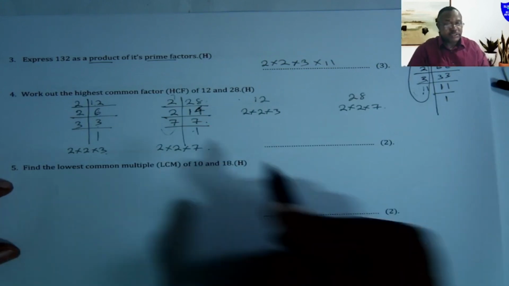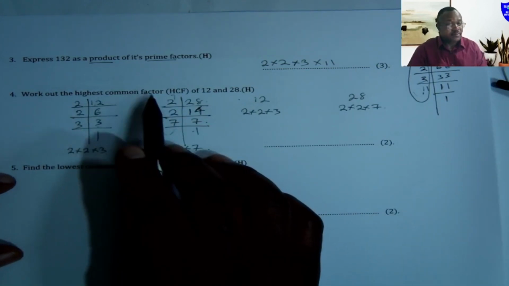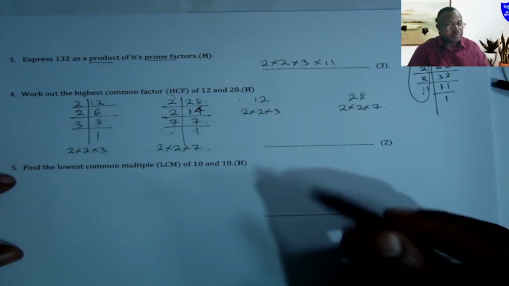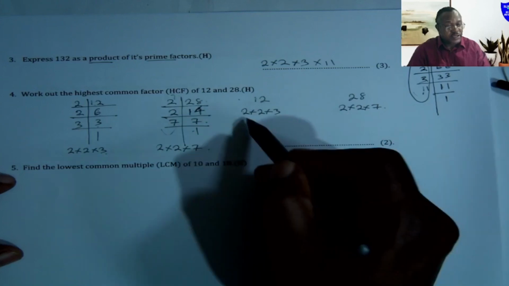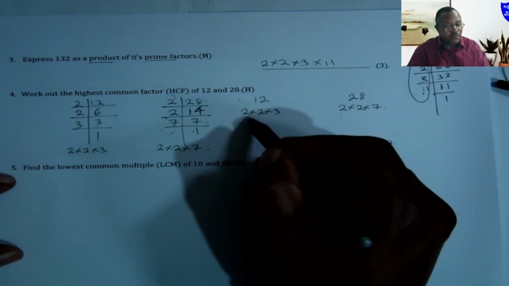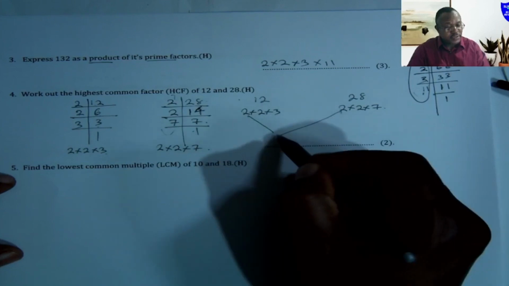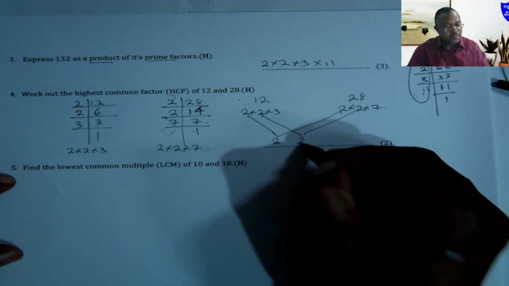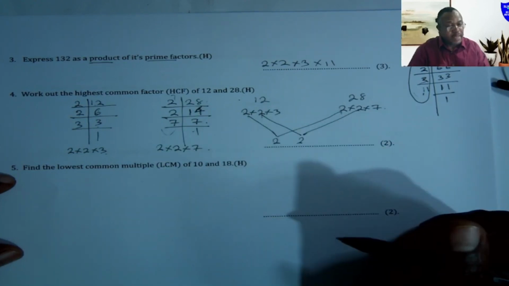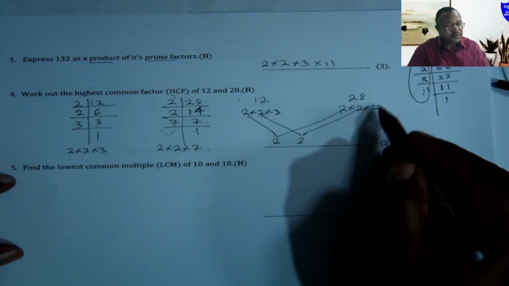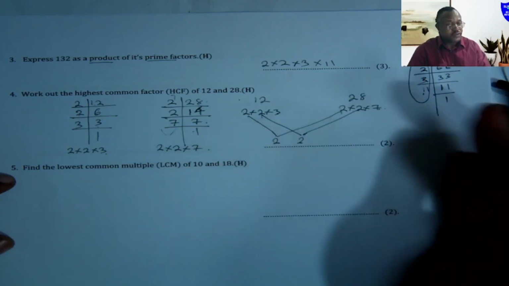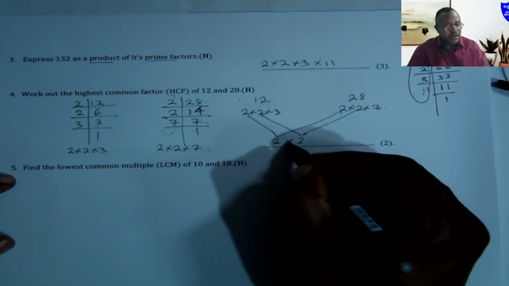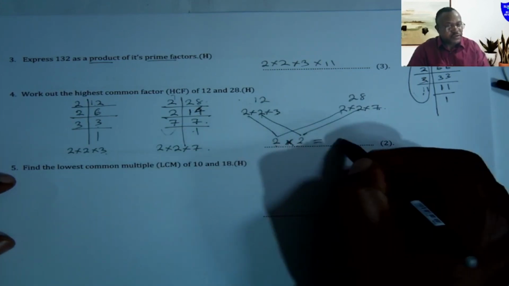Now our task is to find the highest common factor. Highest common factor means we simply have to get those that are common to both sides. We've got 2 there, that is common. We've got another 2 there, that is common. 3 is not common to both sides, 7 is not common to both sides. So we leave these ones out. So the highest common factor will simply be 2 times 2, which gives us 4.